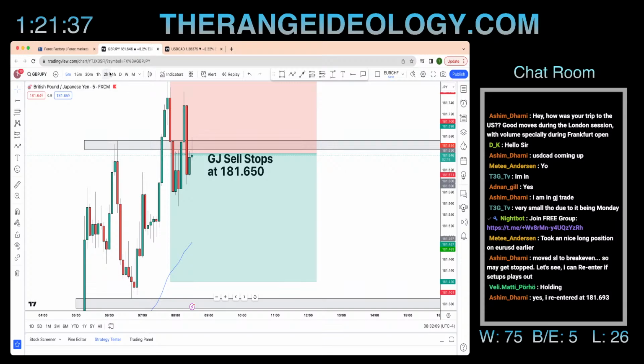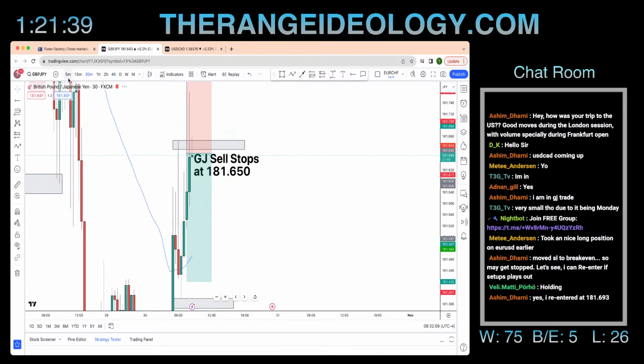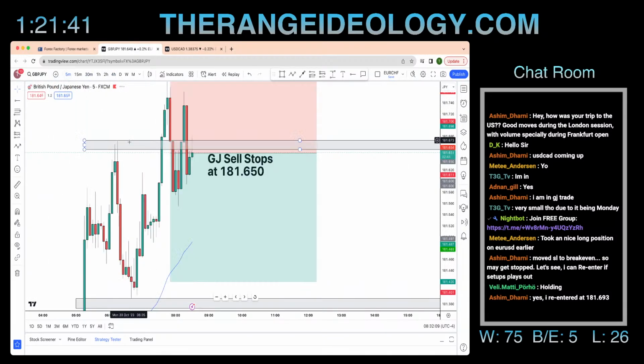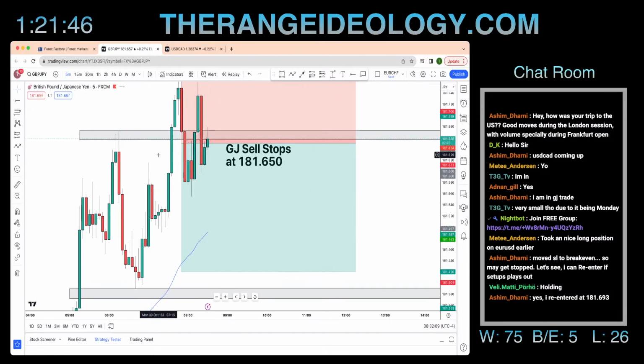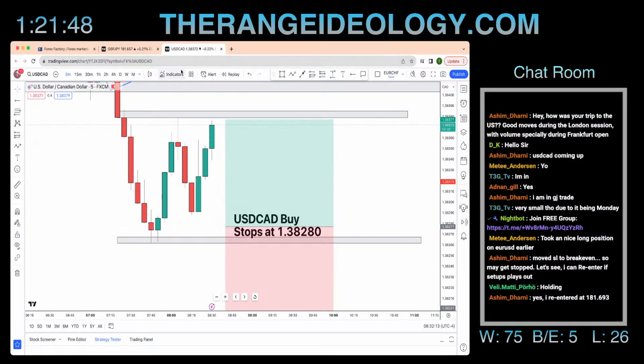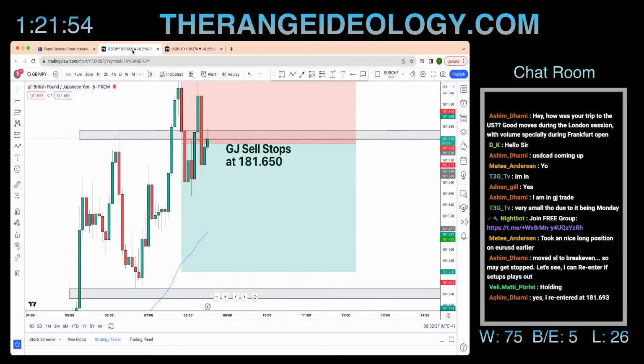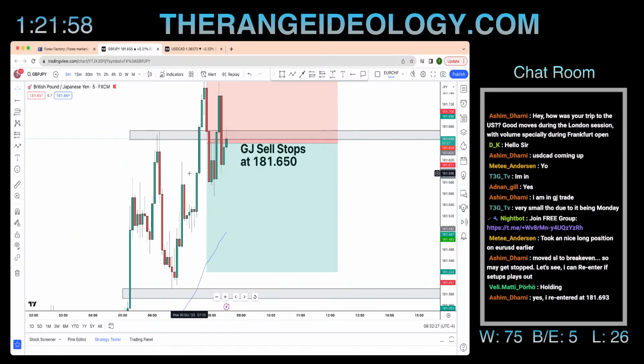Guys, this is just not pushing. Need one strong bearish candle again from GJ to continue the move down. Now look at USD CAD push all the way back up here. Man, GJ is again stuck.